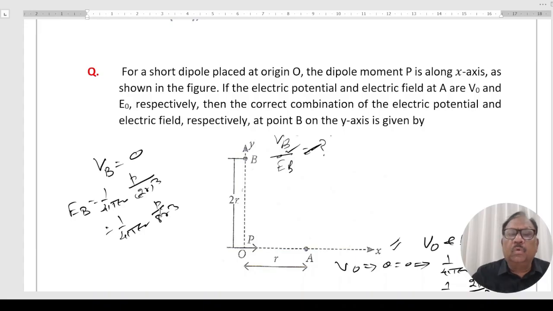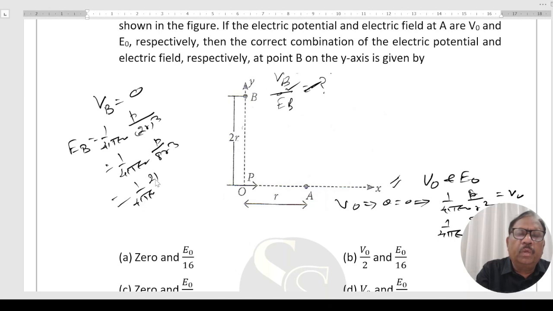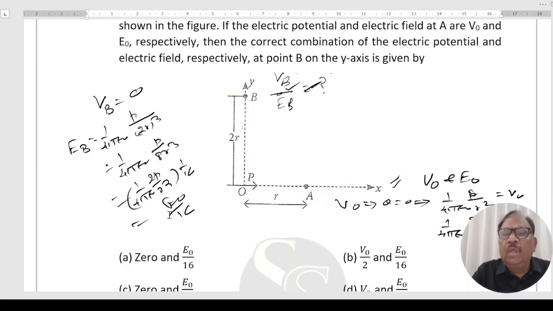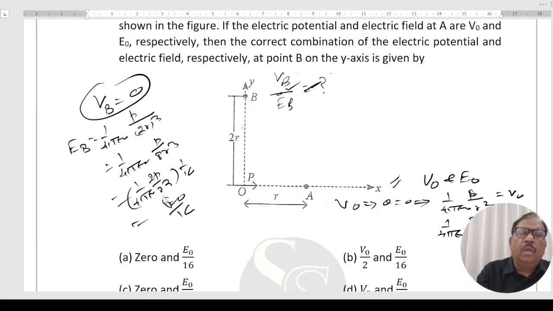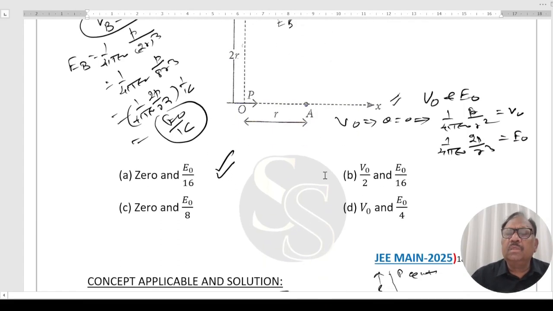So this comes out to be 1 over 4 pi epsilon naught 2P upon r cube into 1 by 16. This comes out to be E naught by 16. So the correct combination is V naught is 0 and E naught by 16. Correct answer is A.